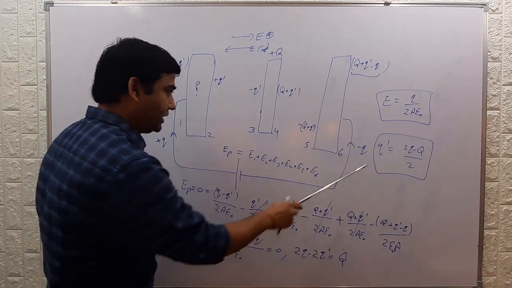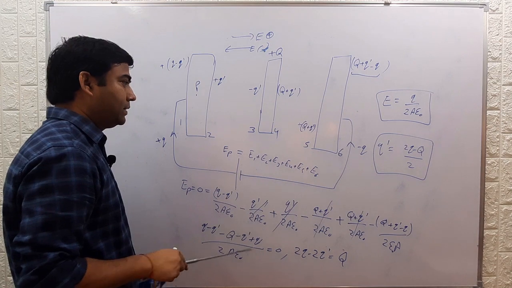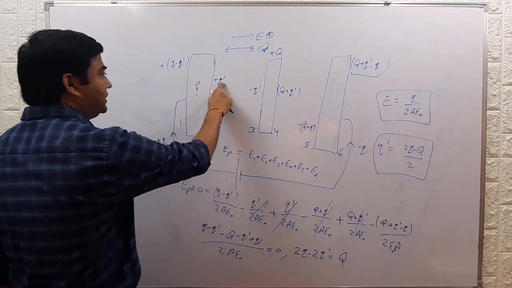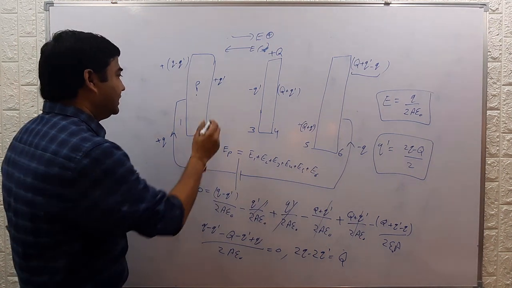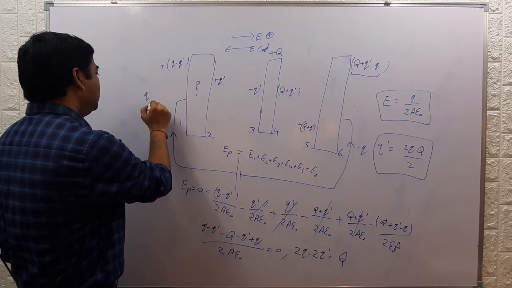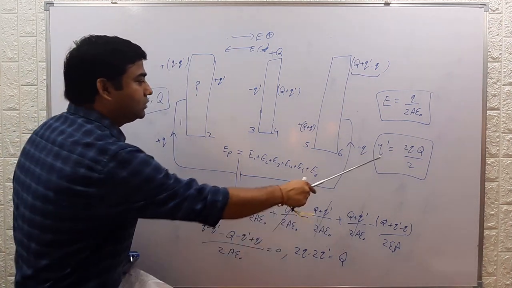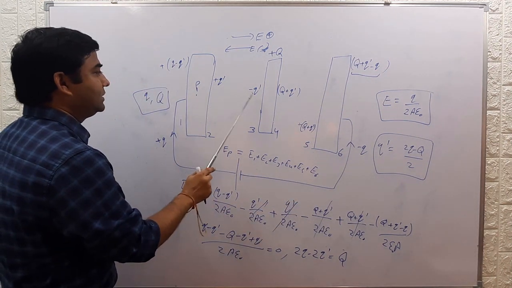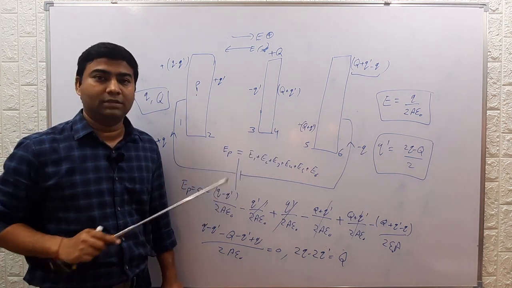From this expression you can write Q dash as (2Q minus Q) by 2. So we have found Q dash, this charge. Now we can find the charge at every surface in terms of Q and capital Q. So just put the value of Q dash at this surface, at this surface, at this surface. So you will find the charge at every surface.